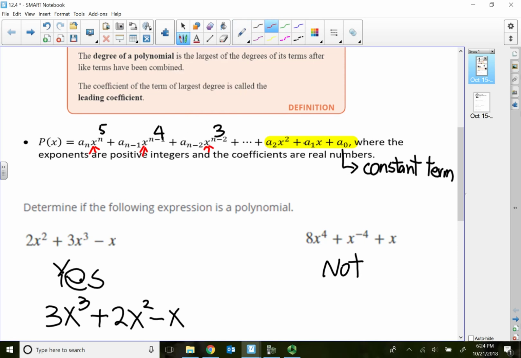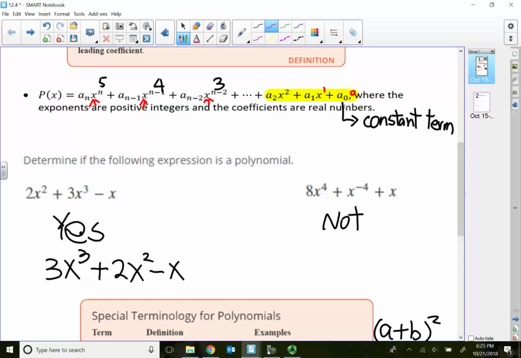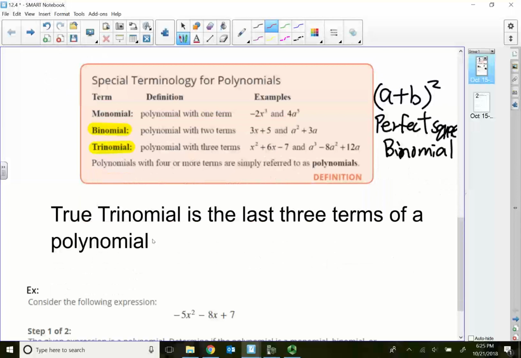The last 3 terms of a polynomial have exponents of 2, 1, 0, and that is considered a true trinomial. In the world of polynomials, the last three terms of a polynomial is what I call the true trinomial.